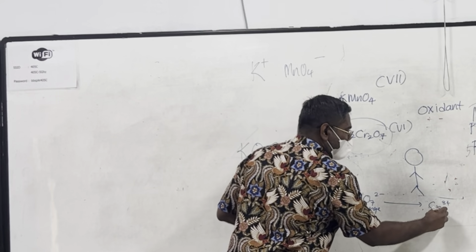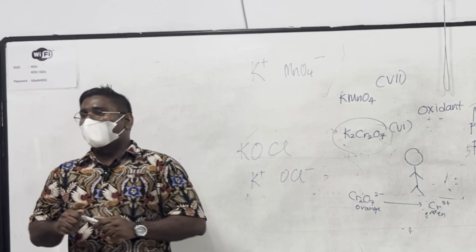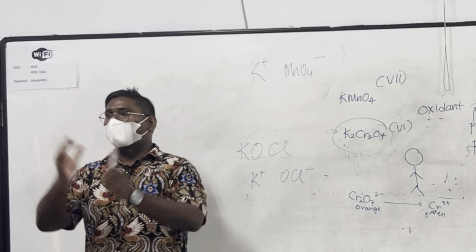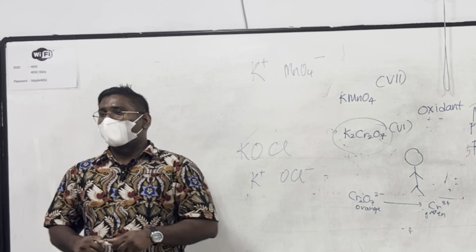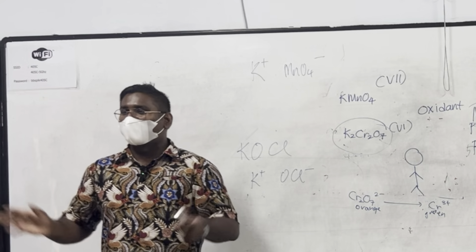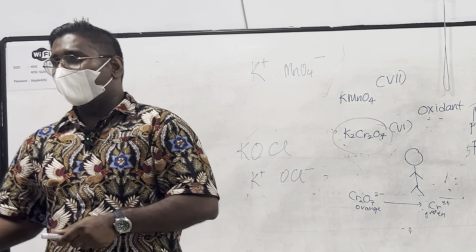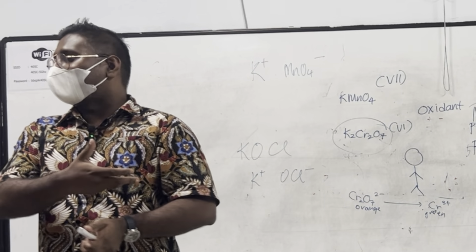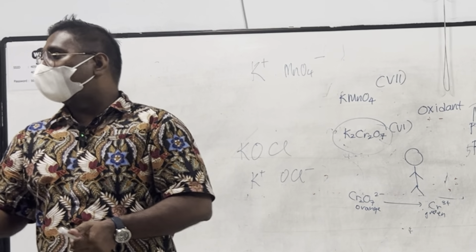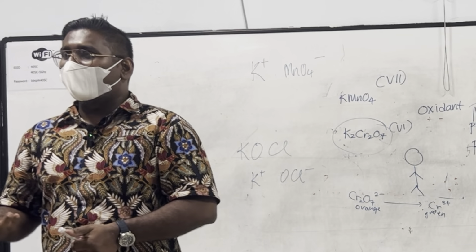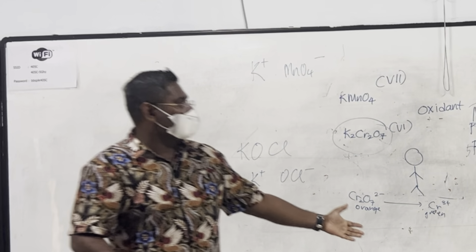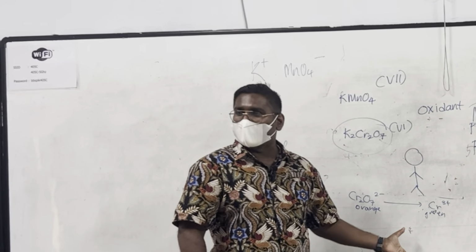How do I remember this? I remember green is a very good color. I don't know how you want to remember. So I remember orange to become green. And that is how the color will change. What I want you to do is go and write the equation. This is the oxidizing agent.